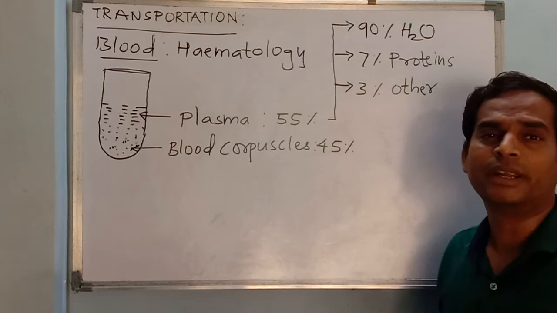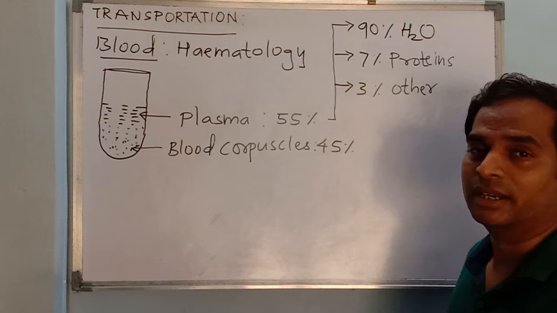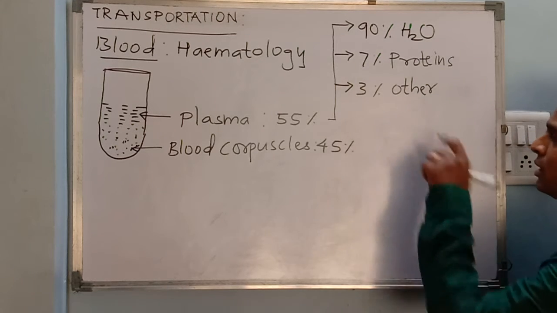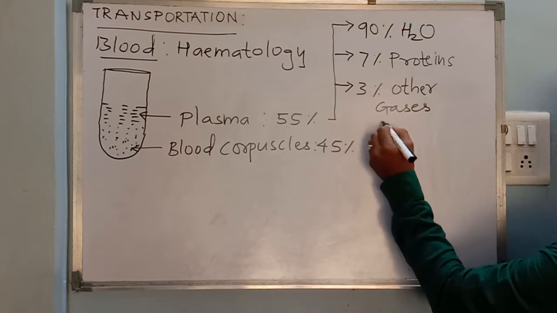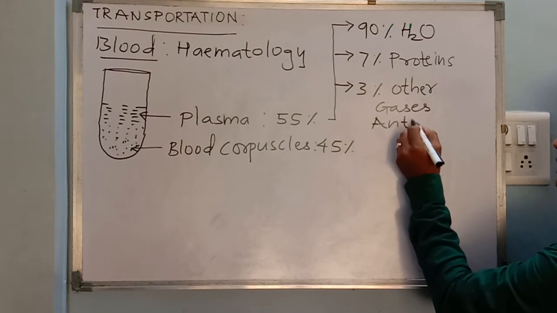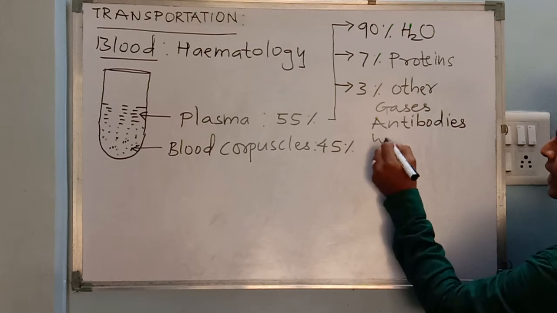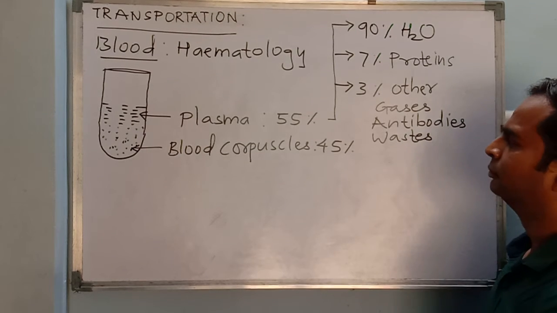Then there are nutrients absorbed in the blood in the form of glucose, fatty acids, etc. So those are other substances like gases, antibodies, wastes, especially nitrogenous wastes, etc.